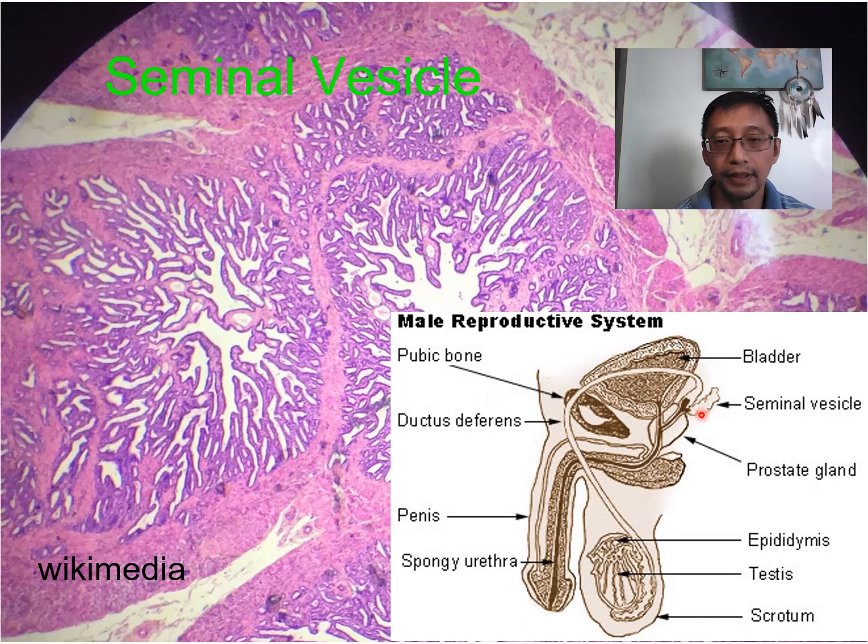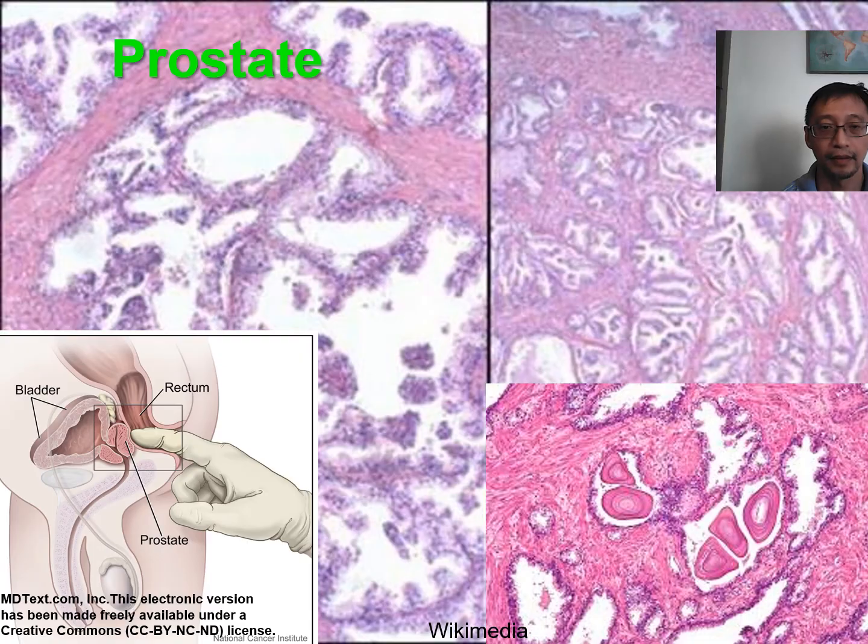The seminal vesicle joins your vas deferens to become your ejaculatory duct. The seminal vesicle is a very glandular organ with very prominent glandular folds. It will produce your fructose, your prostaglandin, and fibrinogen, forming 70% of your semen. The ejaculatory ducts and the prostatic urethra are in the substance of your prostate gland.